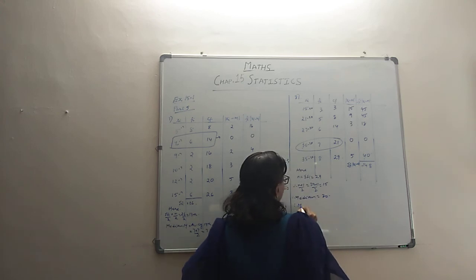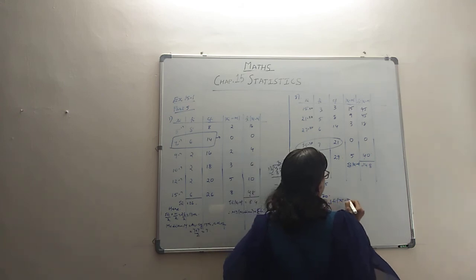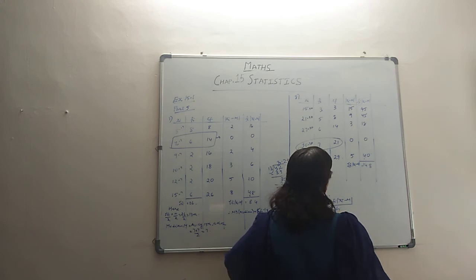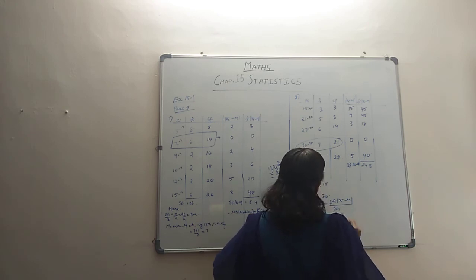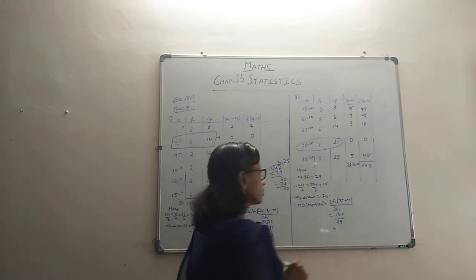So mean deviation from the median by formula is summation fi times modulus of xi minus m by summation fi, which will work to 148 divided by summation fi, which is 29 actually. So we have to divide it and find out, there's no other way out.